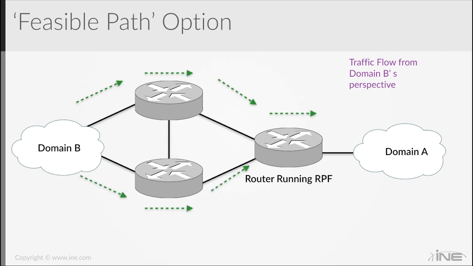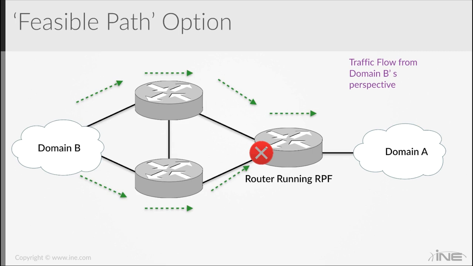So they might be returning traffic to domain A via two different routes, and the problem is RPF by default will not like this. RPF says, if that path is inactive, I'm not really forwarding packets to that network via this path. Even if it's a possible valid path to the network, I'm denying packets entering this interface because it's not the one I'm using. This is the problem with URPF and asymmetric routing.